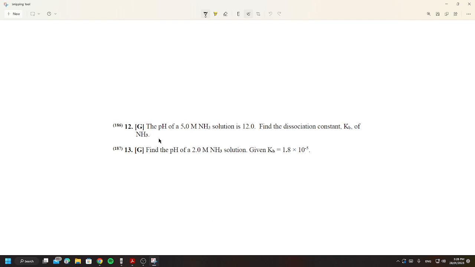Here they give us the pH of a base, so to find pOH, what are they asking for here? They're asking for Kb. Let me try something, and if it works, then I'll do it.